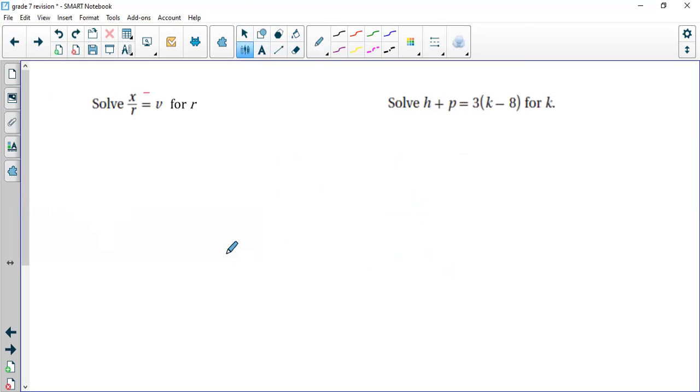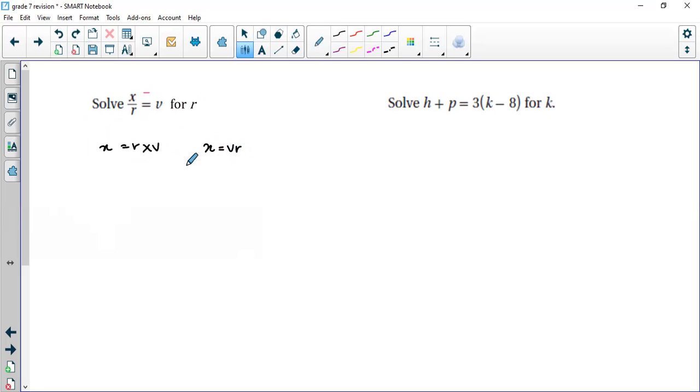Okay, now here we have to solve for the variables. Solve x divided by r equals v for r. So we need to remove the r first from here, which means this is x divided by r. When it moves to the other side, that will become x equals r multiplied by v, or v multiplied by r. It means literally the same thing. You can even write x equals vr or rv.